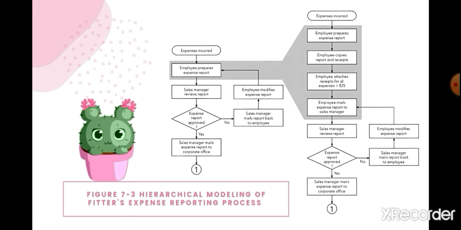Hierarchical models provide users the flexibility to move from higher level, less detailed views to lower level, more detailed views. So they are actually the same, but we can notice that the one on the left side is less detailed compared to the right side.